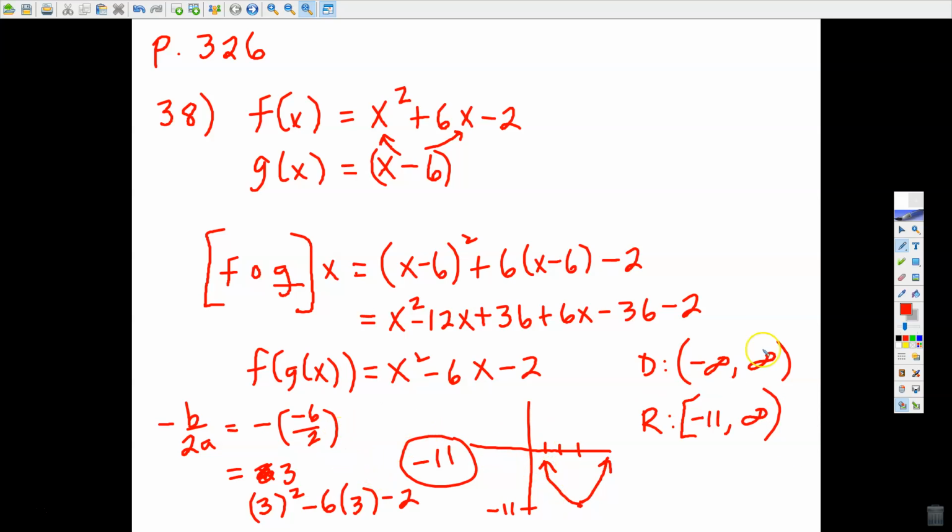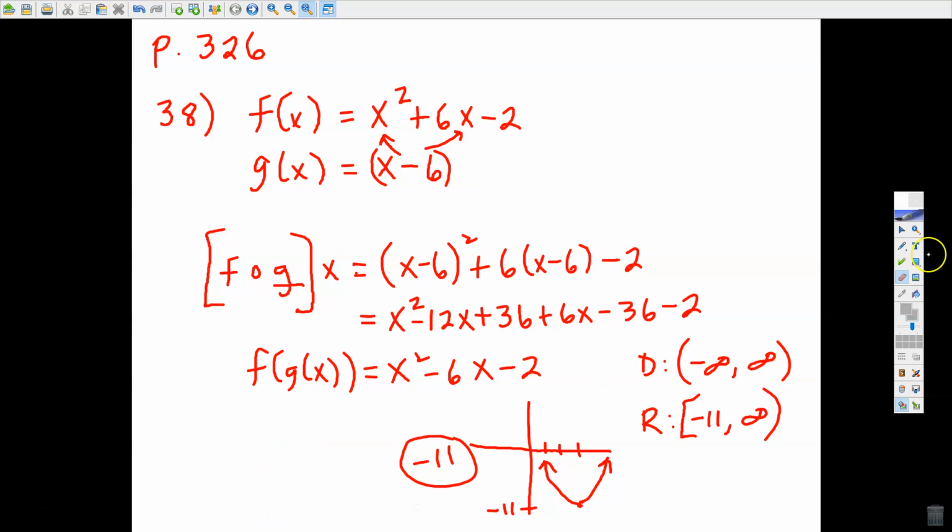You could also, if you don't want to do opposite of b over 2a, change this into vertex form, which in some cases I think is a little bit easier. Remember, completing the square, I just divide by 2, I get the quantity squared, and then negative 3 squared is 9. I always subtract whatever that number squared is, and that shows me that the vertex is 3, negative 11.